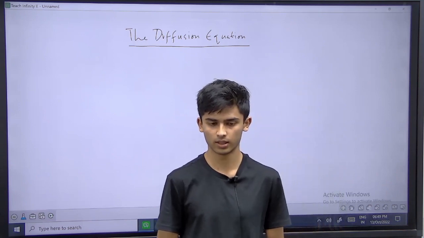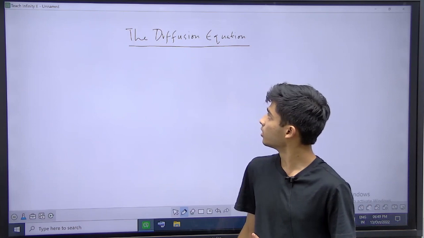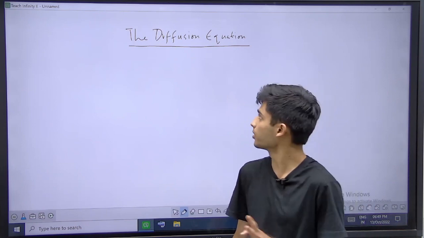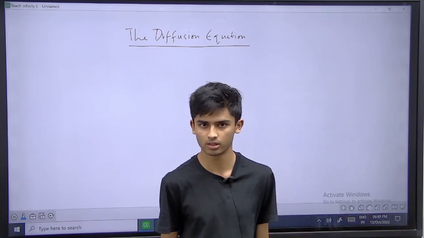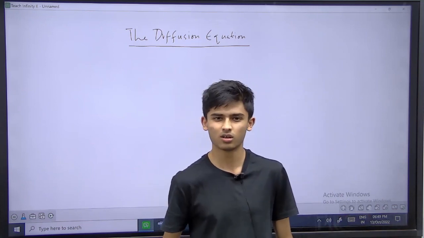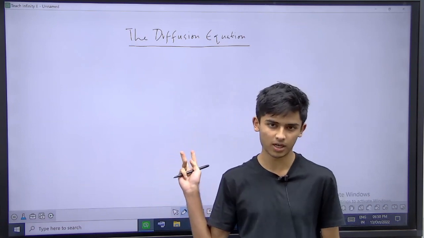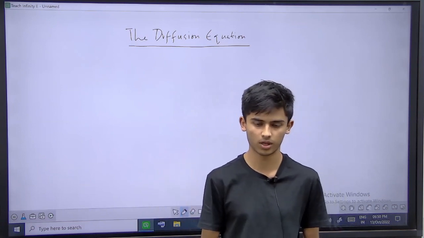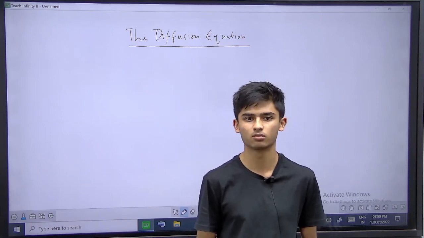So one thing I will comment on before is that sometimes the diffusion equation can also resemble the heat equation, and the reason is pretty simple, because here we look at particle flux, the flux of particles through space, and in the heat equation we look at the heat flux.